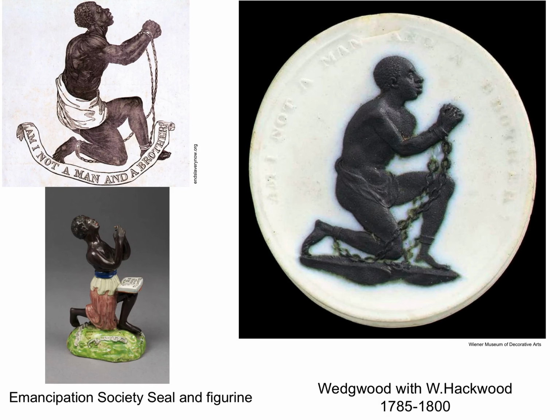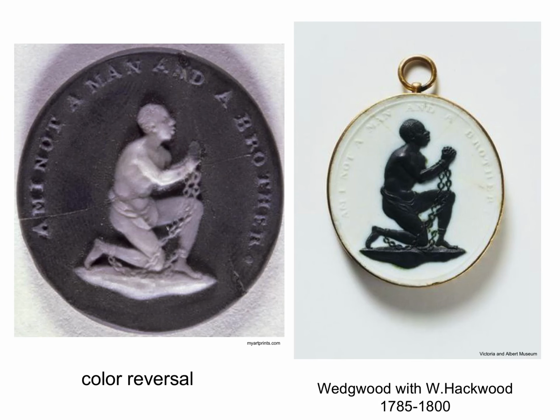We've looked at Wedgwood before, here in a collaboration with W. Hackwood, where he designed what we call the Emancipation Society seal. Some figurines were also made, and the seal says, "Am I not a man and a brother?" And here you have a wonderful example of it in color reversal, white on black.